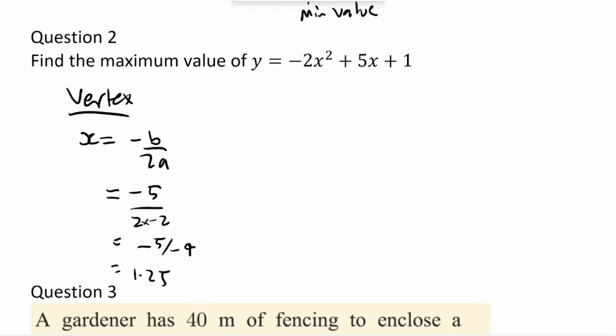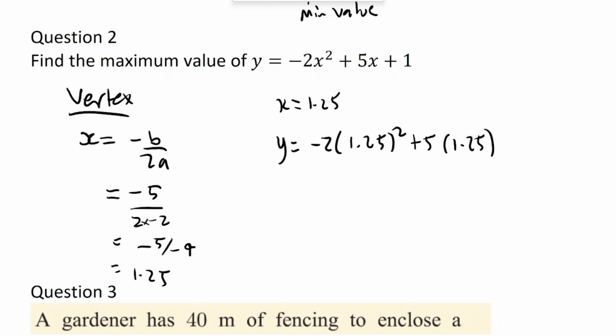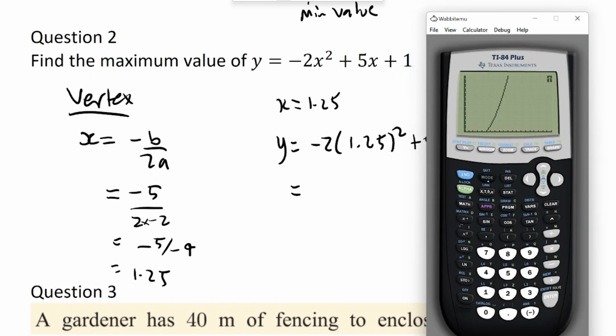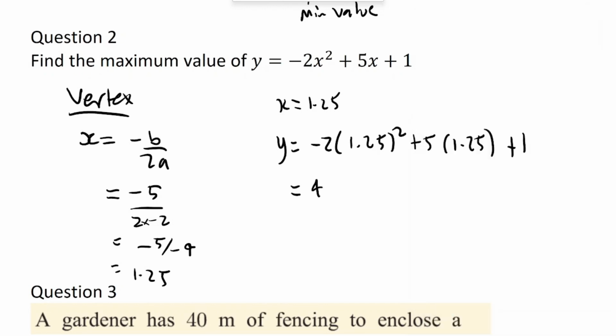So if x equals 1.25, for y we just plug in minus 2 brackets 1.25 squared, plus 5 lots of 1.25, plus 1, and that gives us our y value, 4.125.